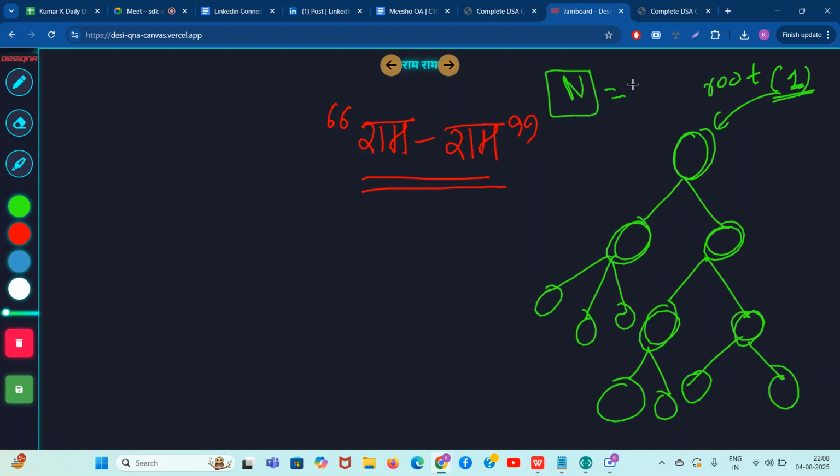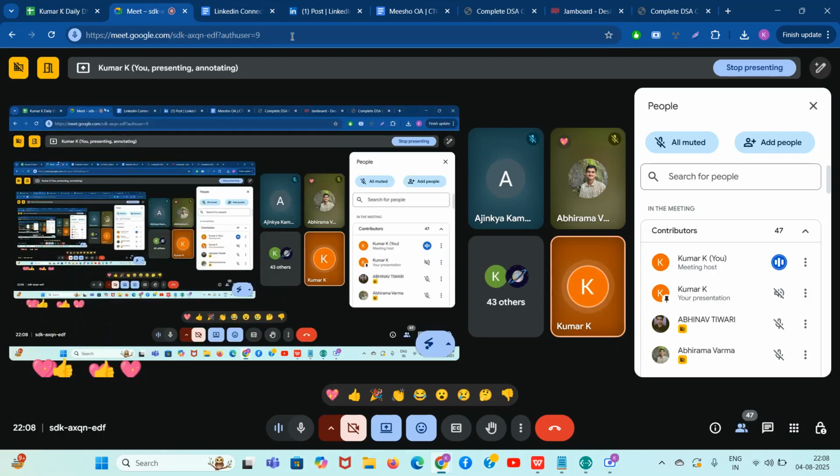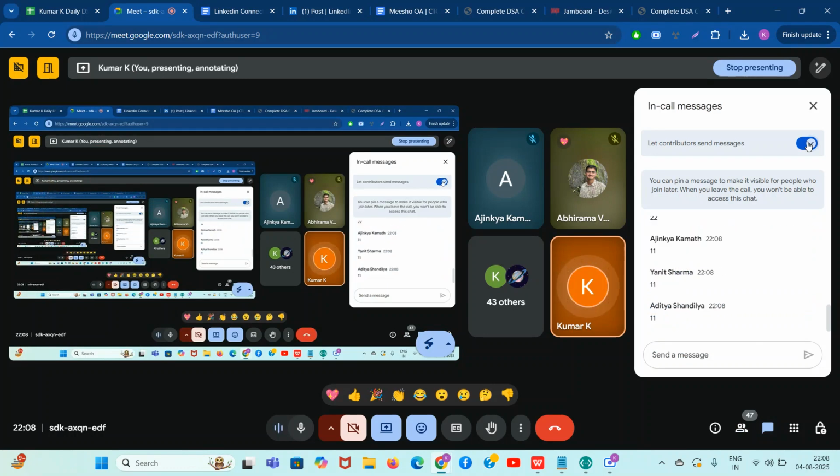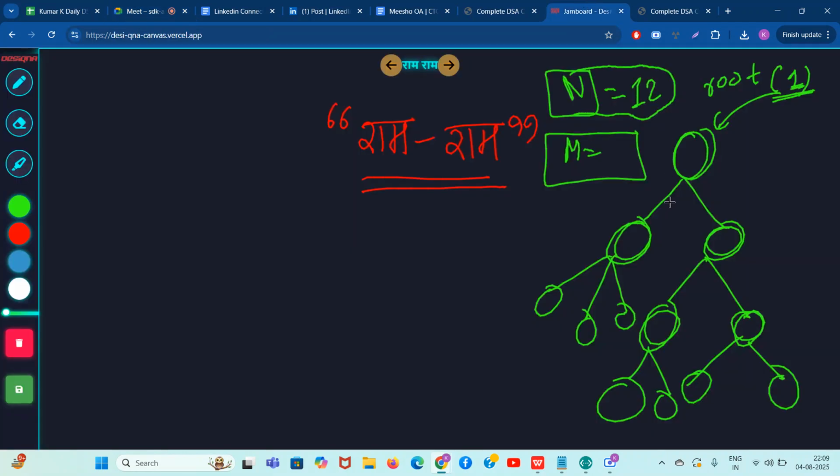These are the special properties of trees, so if there are 12 nodes, without counting, can you tell me how many edges will be there? Tell me in the chat. It is a simple connected undirected tree. 11. Okay, good, so there are 11 edges.